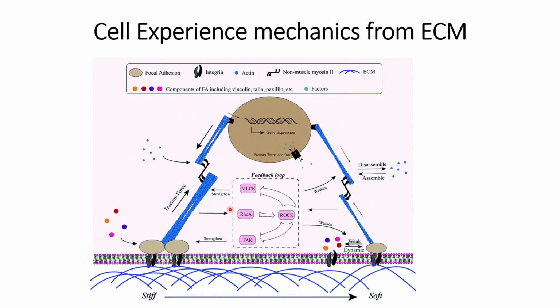These feedback loops are triggered as soon as the focal adhesions make a strong bond with the stiffer ECM, and that triggers high traction forces that lead to feedback loop activations, such as these ROCK pathways. RhoA helps in triggering the ROCK pathways, and that helps in upregulating the MLCK and FAK pathways, which helps in strengthening these focal adhesions.